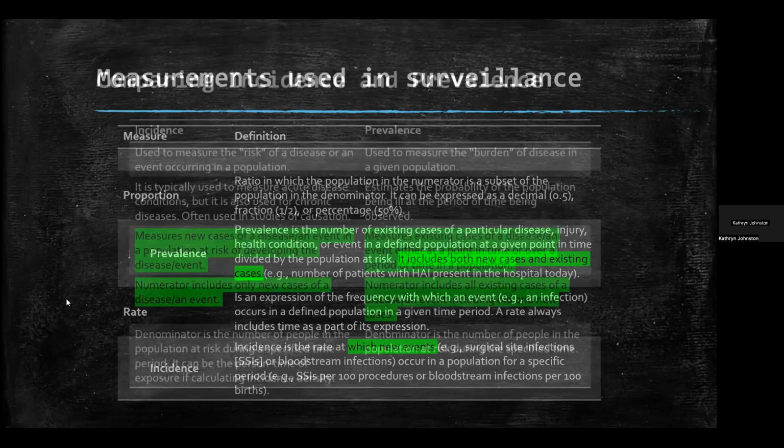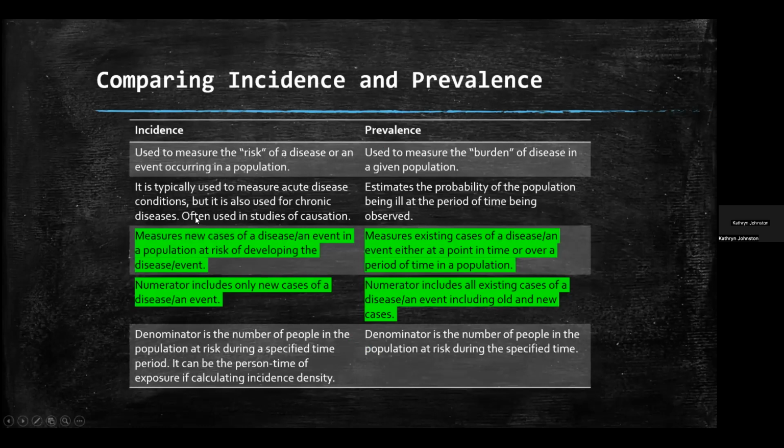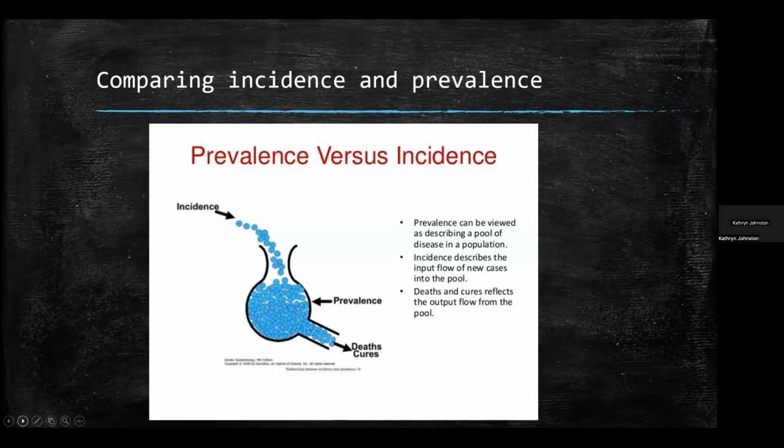So what's the difference between incidence and prevalence? We said incidence is new cases, and the numerator includes only the new cases during a specified time period, and the prevalence is the existing cases, and the numerator includes old and new cases during that applicable time frame. So graphically, it looks like this. If you think of having a vessel with a spout and a drain, the incidence is all the new cases that are dropping in.